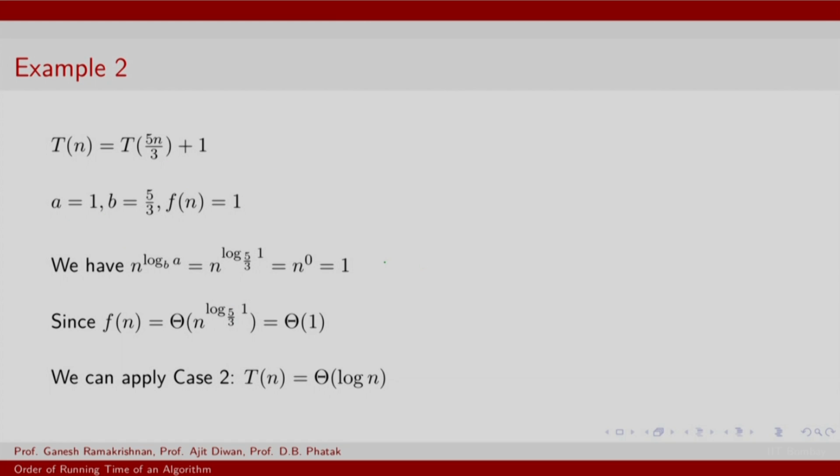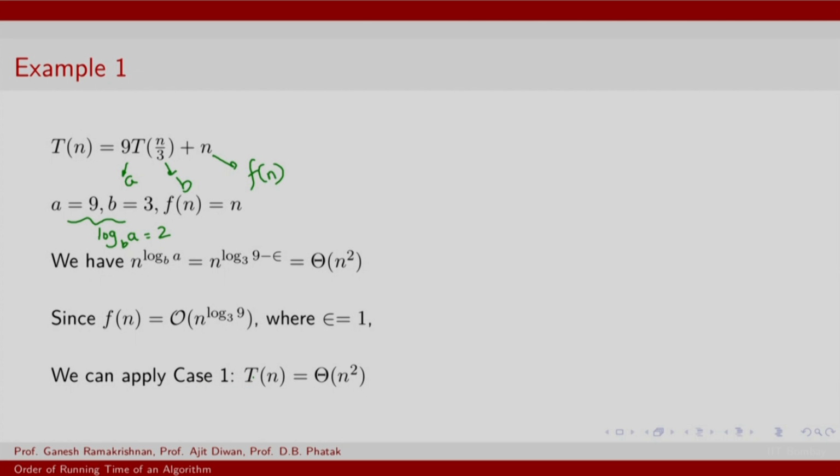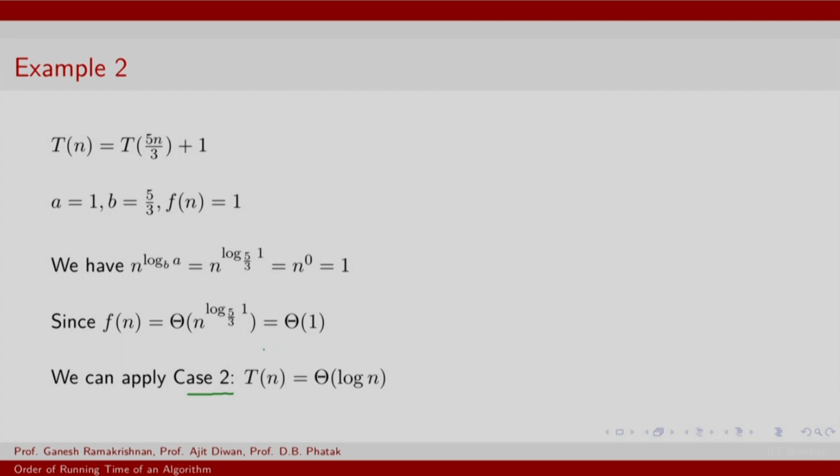We can also consider another example, a different case here. This involves case 2, the previous was case 1. So case 2 is about f(n) and n raised to the log to the base b of a being comparable, and the log to the base 3/2 of 1 is 0.